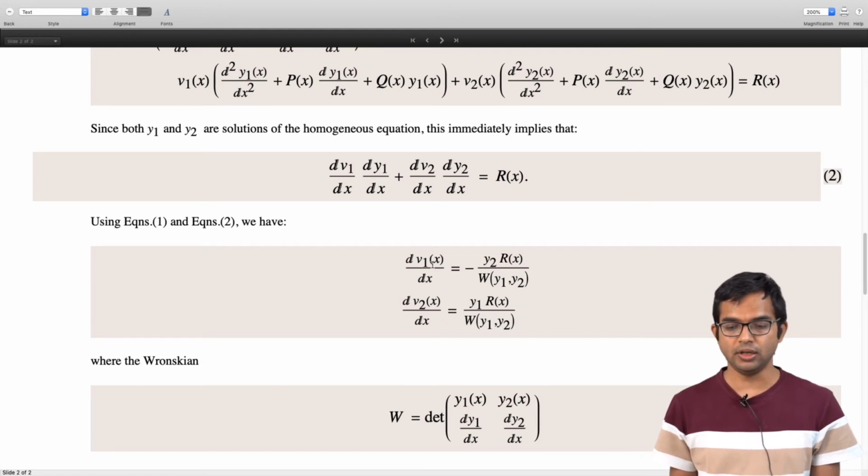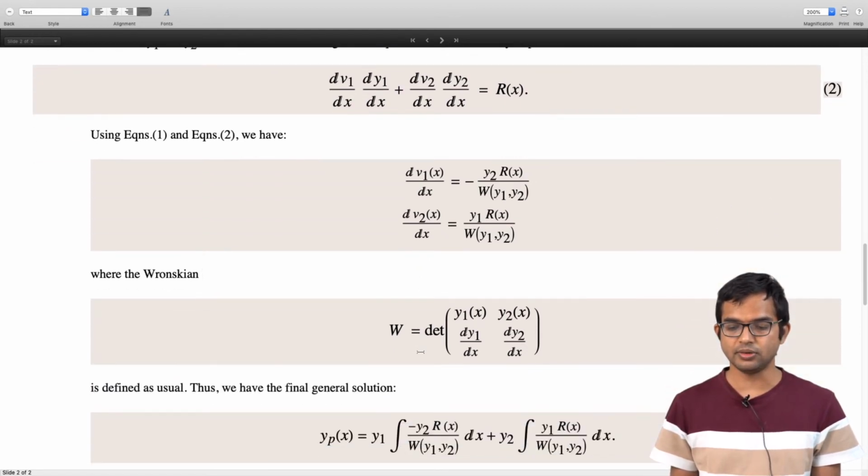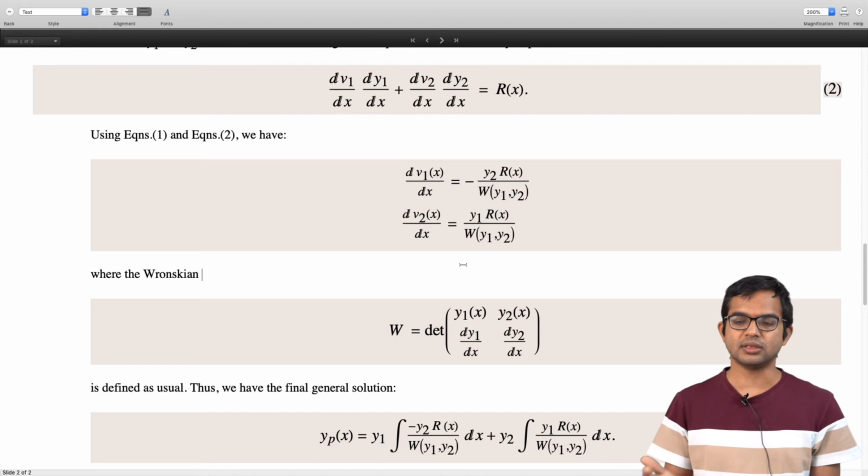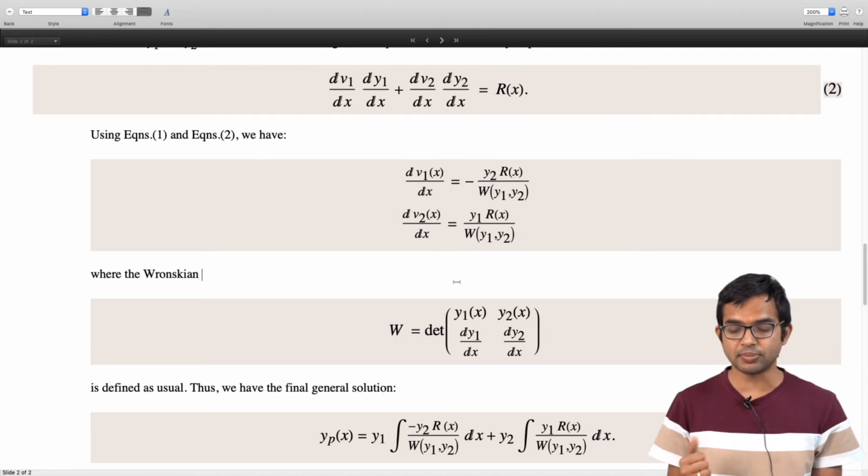So formally you can just integrate them, and then v1 of x is just the integral of this with respect to x, and likewise v2 is the integral of this with respect to x. Each of these integrals will give you some free constant, but it doesn't matter for our purposes, because we are only interested in a particular solution.